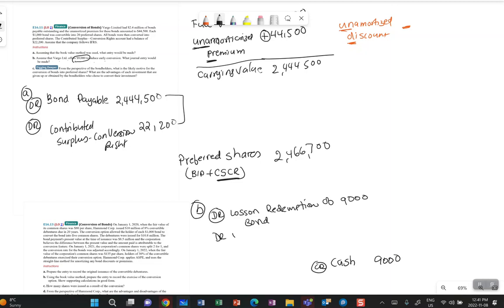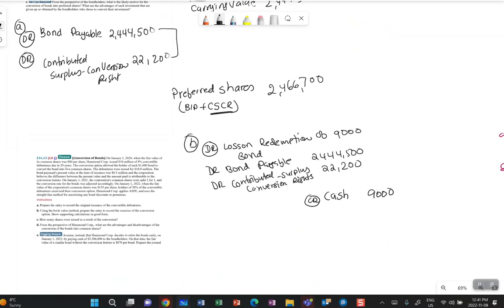Debit bond payable, which we calculated in part A, 244,500, and debit contributed surplus, conversion rights, 22,200. Then your credit will be preferred shares, which are 2,466,700.